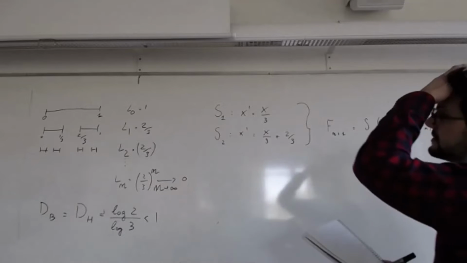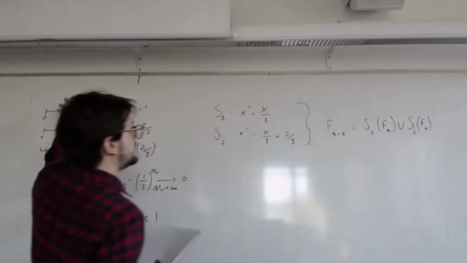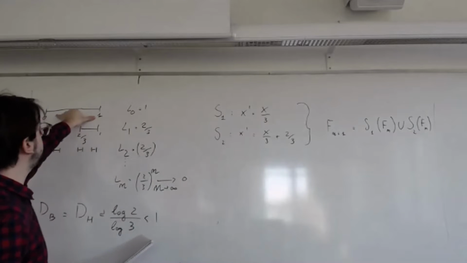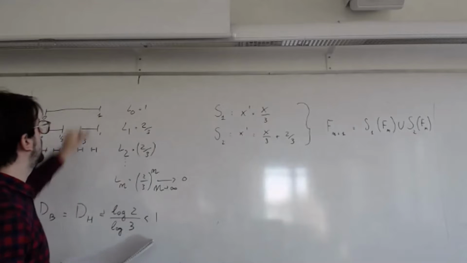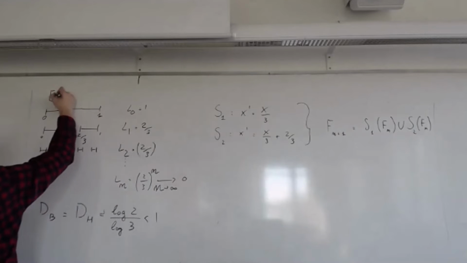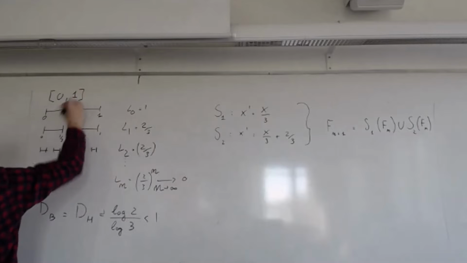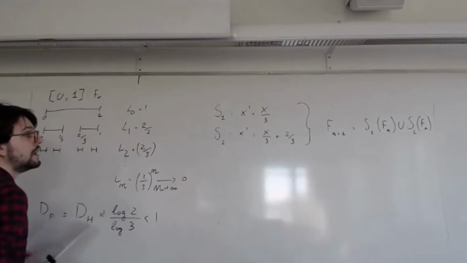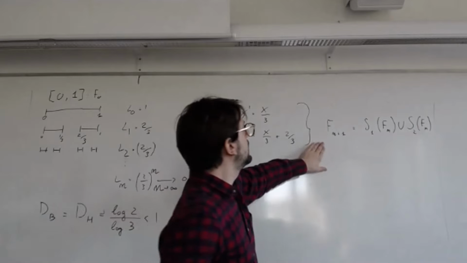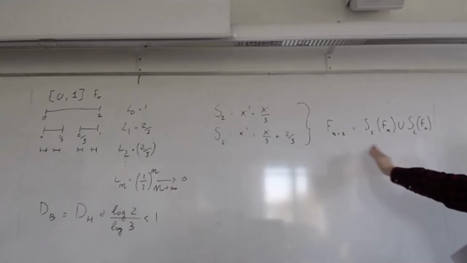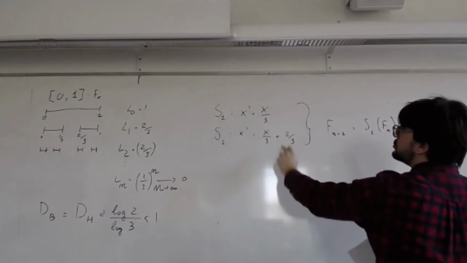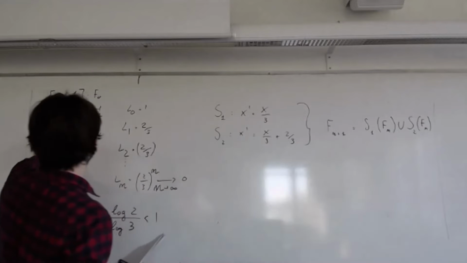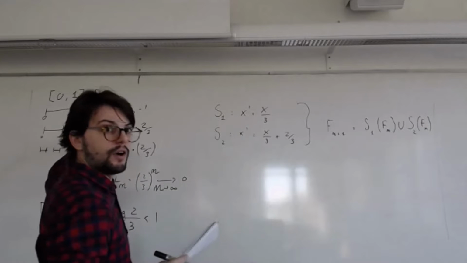So what happens is that I take a set at the given iteration. So at the first iteration 0, F0 is simply the interval 0 to 1. So this is the set F0. And then I apply S1 and S2 to this interval, and I split it into 1/3 and 2/3.